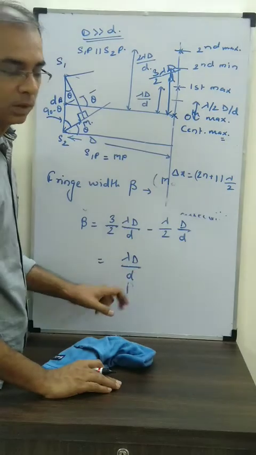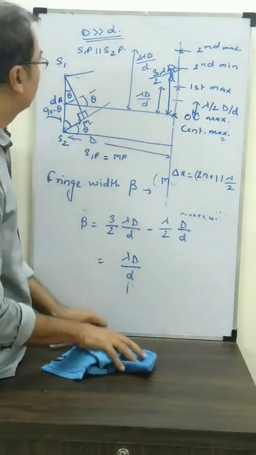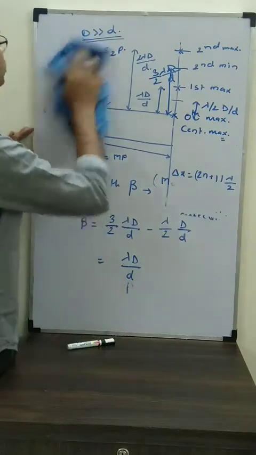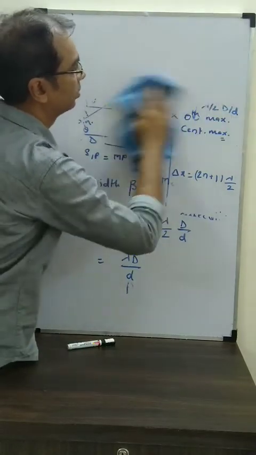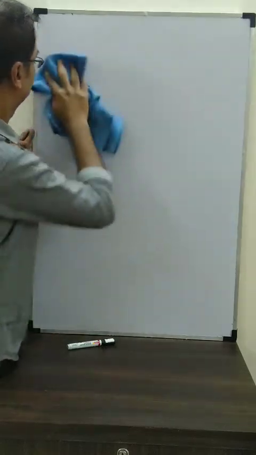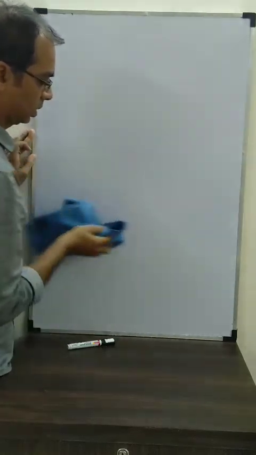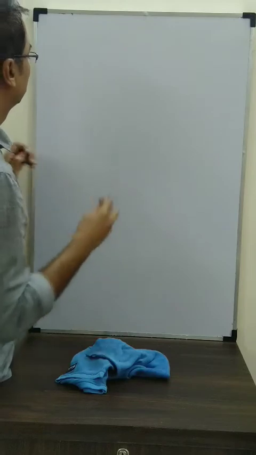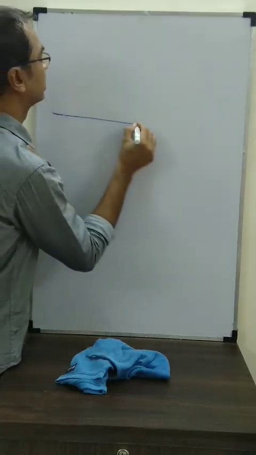Now, let us solve a few questions based on whatever we have studied in the last class and today's class. Let's see the first question I am giving. In this question, let's assume the two sources are like this.